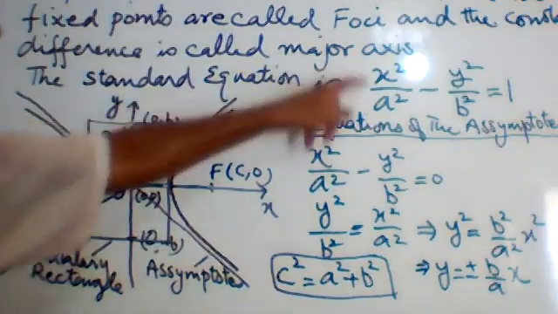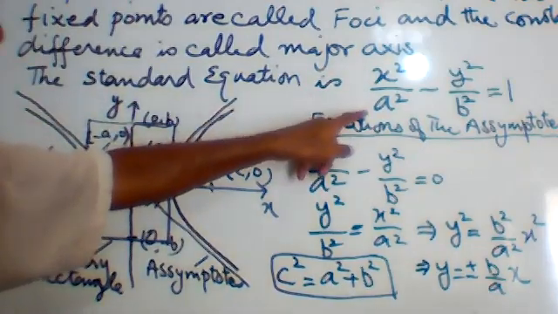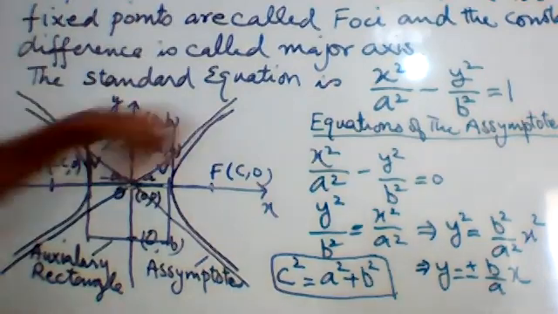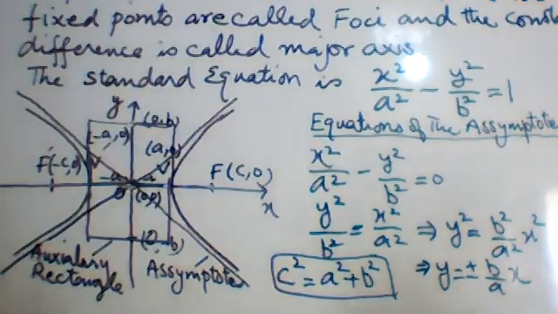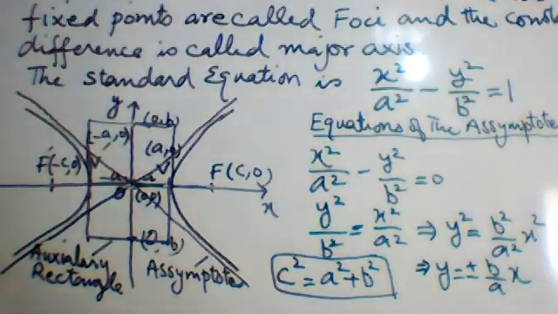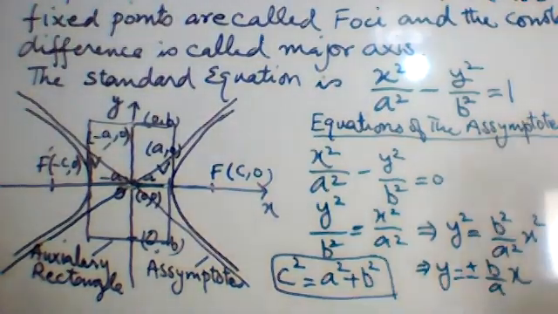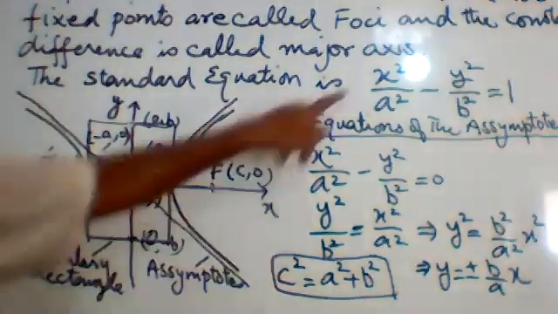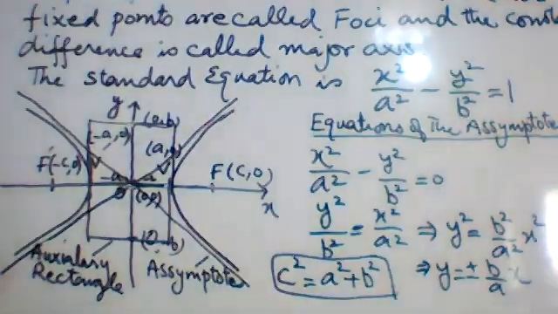If y square is positive, the transverse axis is along the y-axis. Just remember, in the ellipse, the larger one was the transverse axis. Here, the positive one will be the transverse axis.